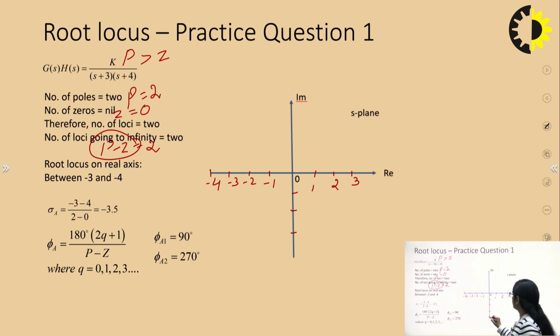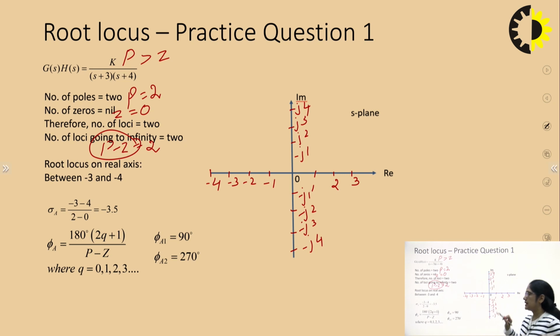This is the imaginary axis. So, -j1, -j2, -j3, -j4. And here you will have j1, j2, j3 and j4. So, this is the s-plane where the root locus will be plotted.